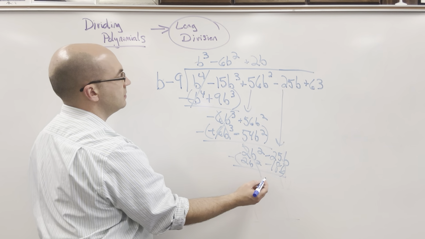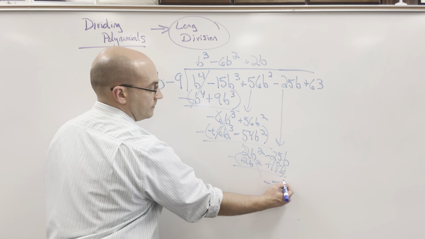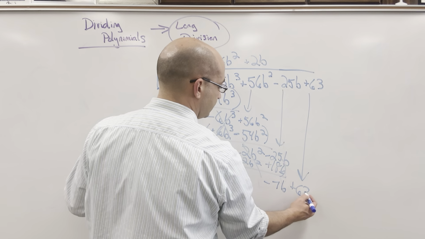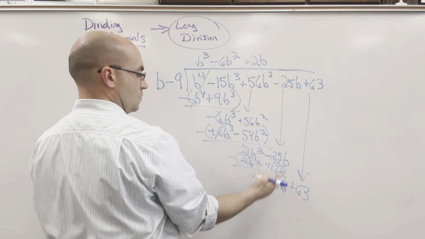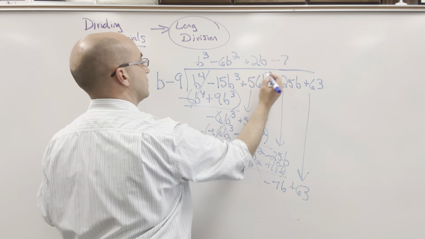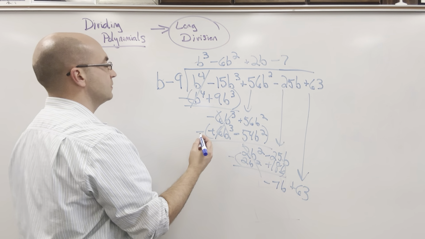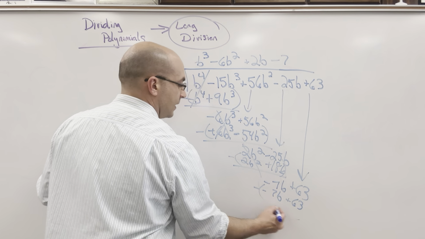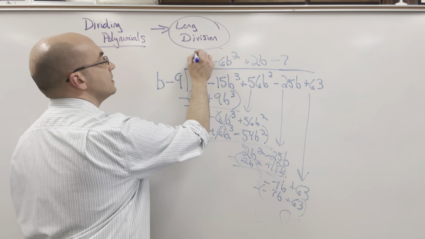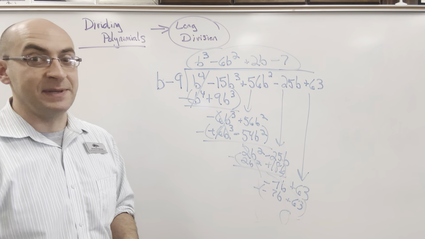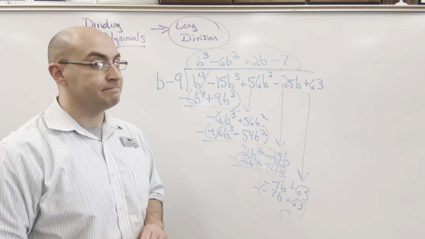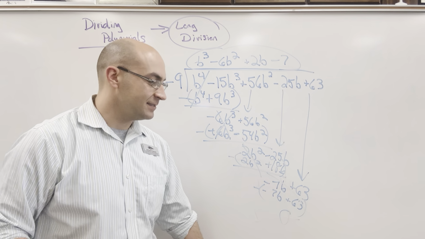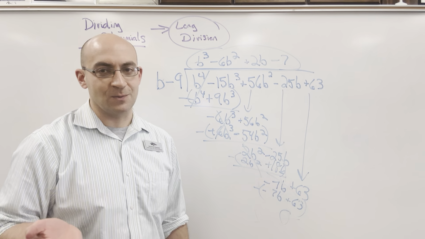Did I change that? I didn't. Negative 7. These markers suck! Sorry. I'm subtracting so everything cancels, 0. My answer is b to the third minus 6b squared plus 2b minus 7. Have a first 5 tomorrow. It'll be on what to do, not so much what it looks like.